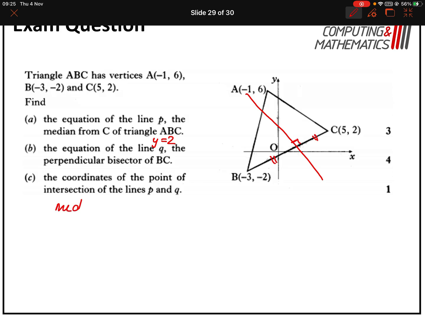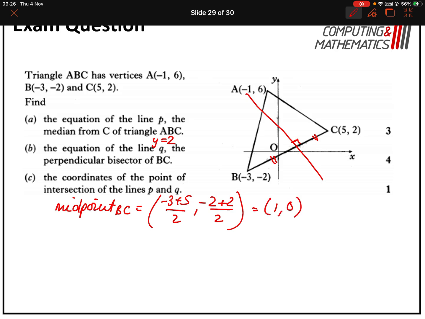So I want the midpoint of BC, which is minus 3 plus 5 over 2, minus 2 plus 2 over 2. So you're getting 1, 0. Okay, I then want the gradient of BC. So 2 plus 2 over 5 plus 3 will give me 4 over 8, which is a half.